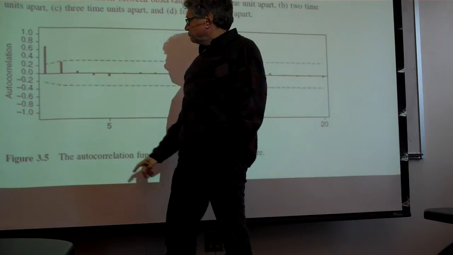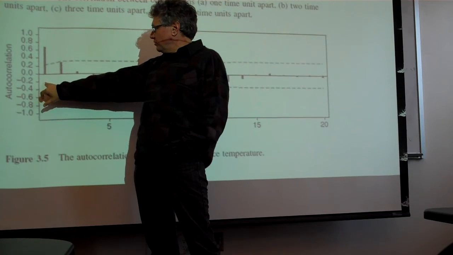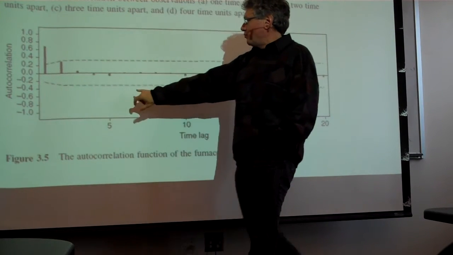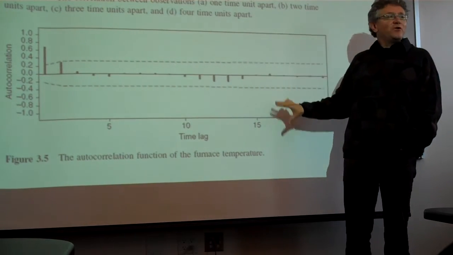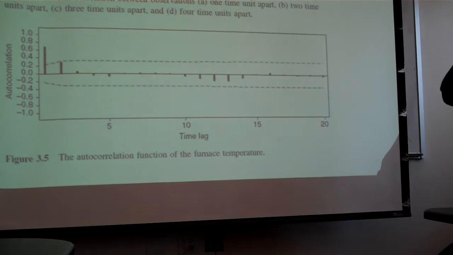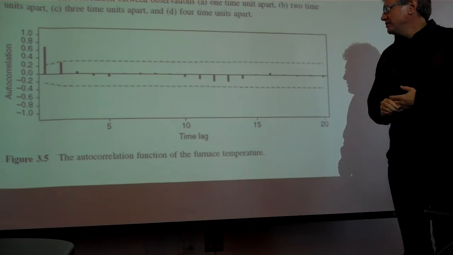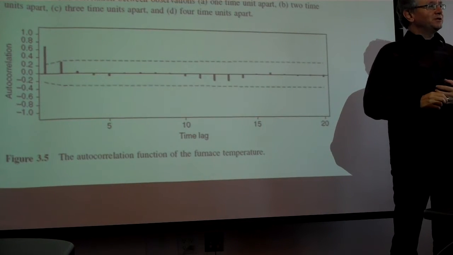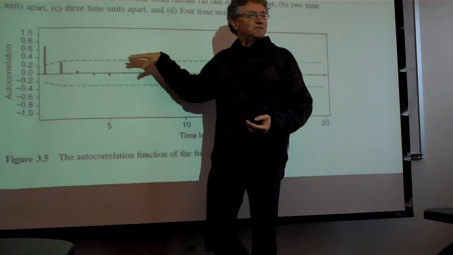This whole band should get wider as you go out, because as you go to longer lags, you have fewer pairs with which to calculate the correlation. Different software is different about what it does. R just picks an average value and plots it straight across.